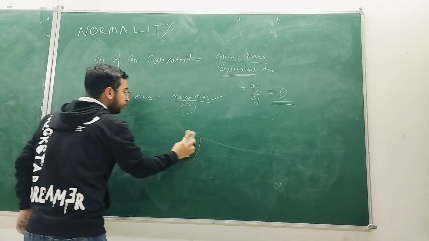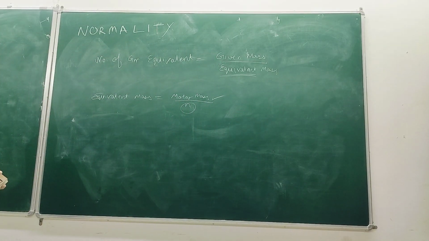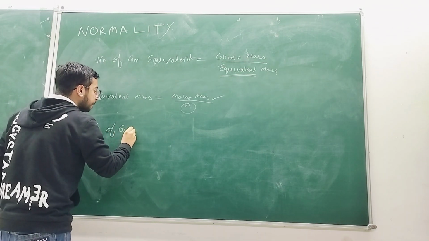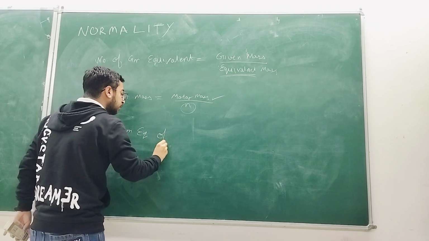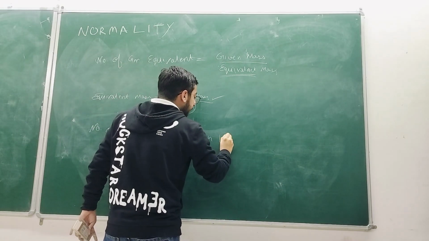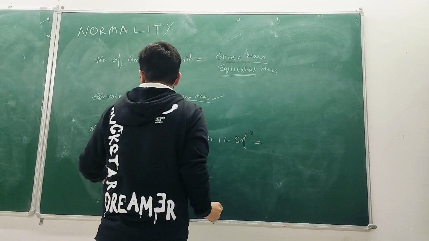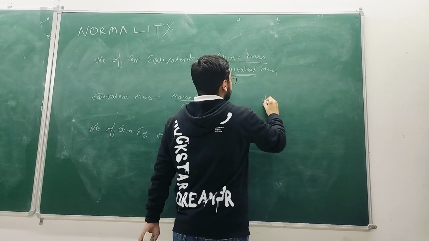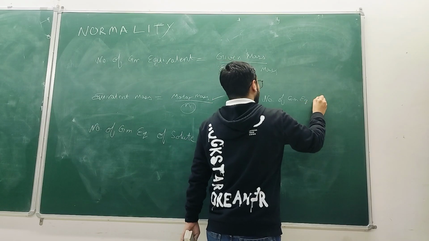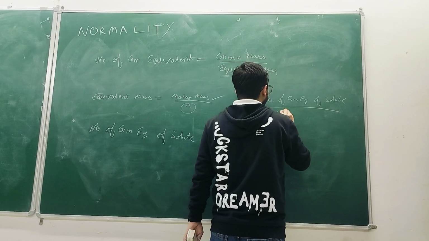But why have I told you about number of gram equivalent before normality? Now I will tell. Normality is defined as number of gram equivalent of solute dissolved in 1 liter solution. So the formula of normality is number of gram equivalent of solute divided by volume of solution in liter.